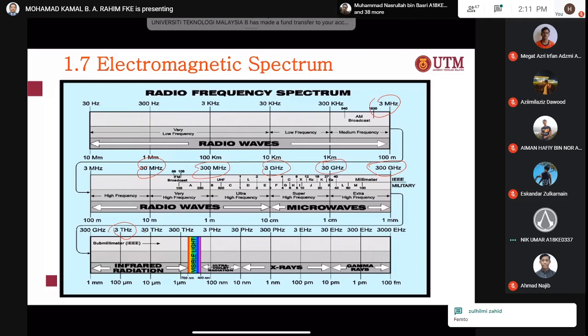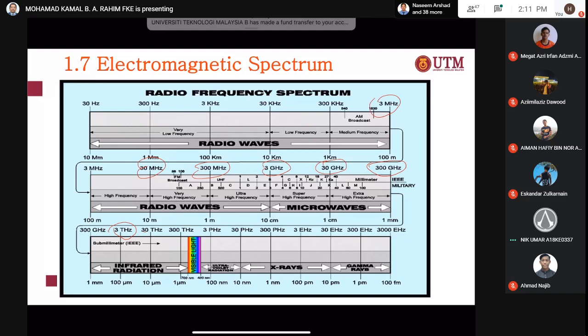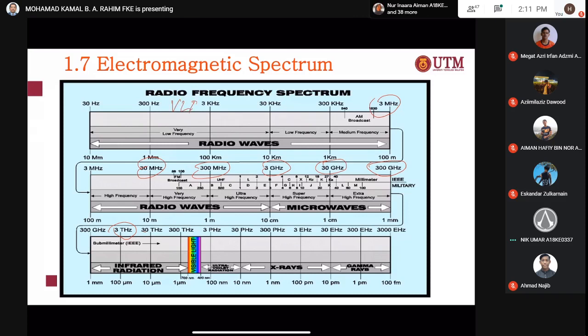Okay, so in terms of the electromagnetic spectrum, the radio frequency has certain ranges as well. For example, from 30 hertz to 30 kilohertz, they call it VLF, very low frequency. From 30 to 300 kilohertz, they call it LF, low frequency. From 300 kilohertz to 3 megahertz, you have MF, medium frequency.